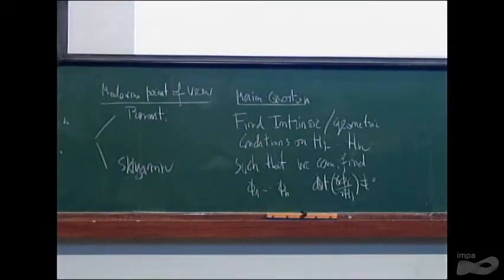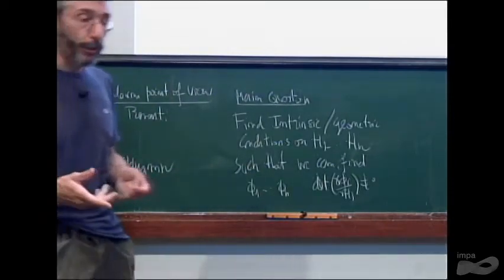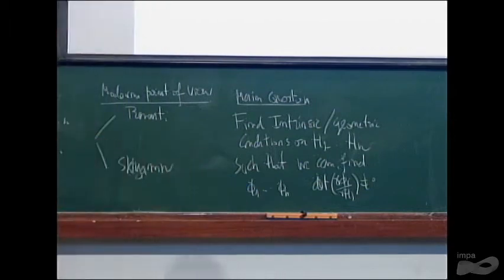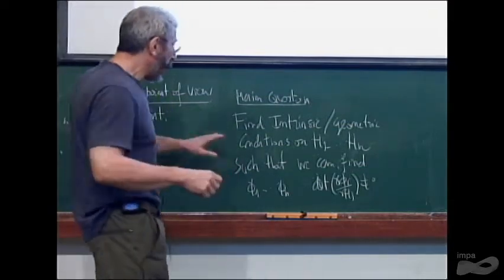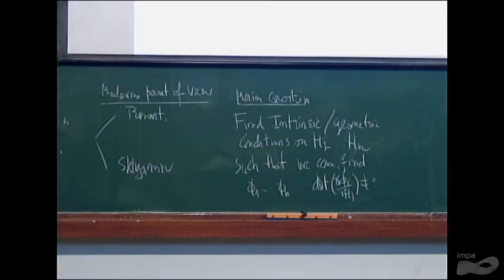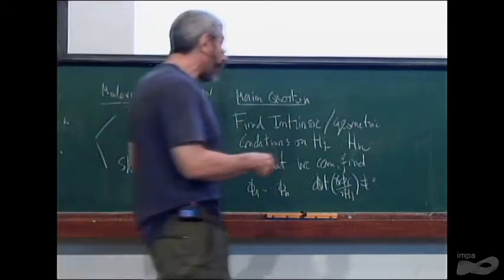In these two approaches to separability, this condition can be given, but with precise additional structure. It's not enough to start from a symplectic manifold and an integrable system, but you need to give some more structure.